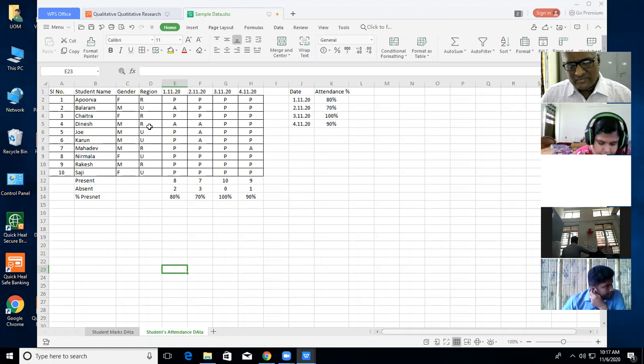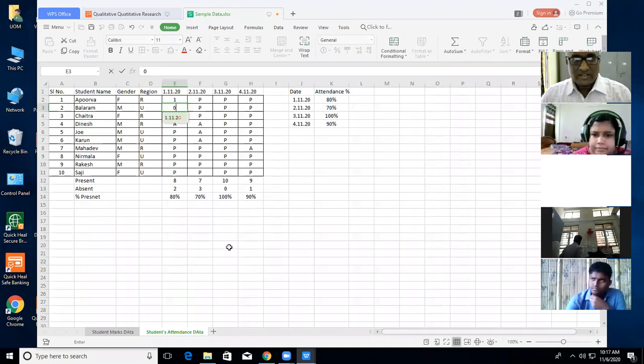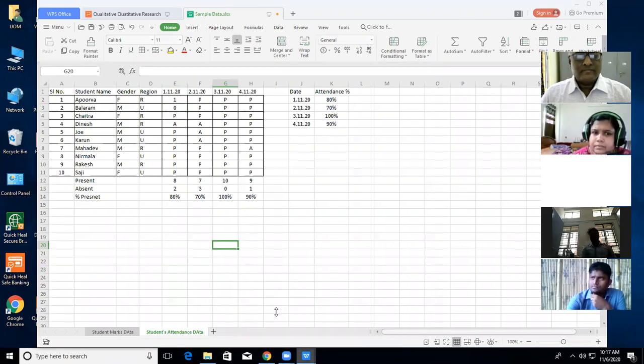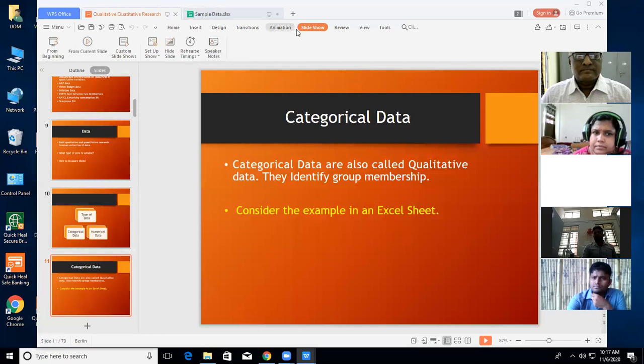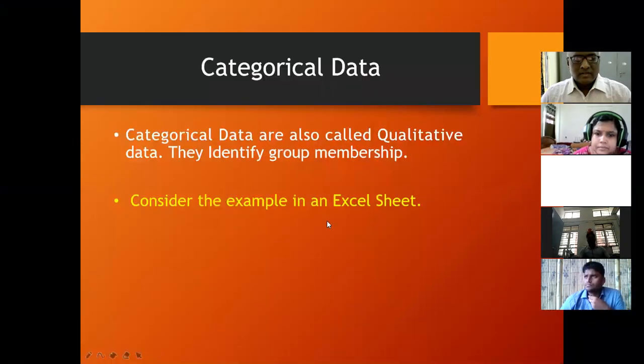These are the qualitative variables. Attendance of the students is a quantitative variable. Even though I have presented P, P for present, I can change this variable as 1, 1 means present and 0 as absent. I can do that also. So this is the example we have seen in the Excel sheet.